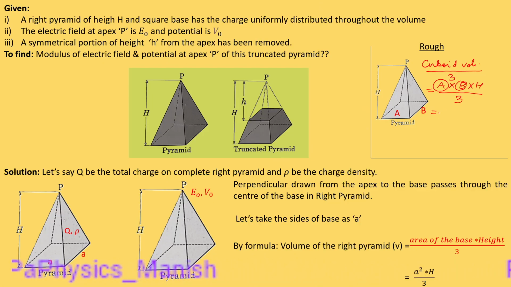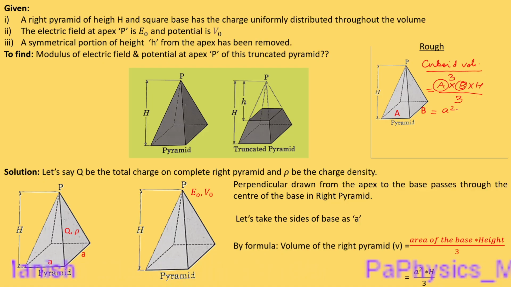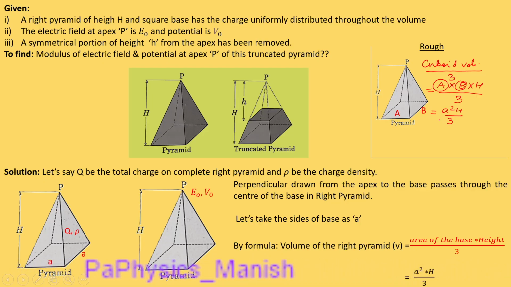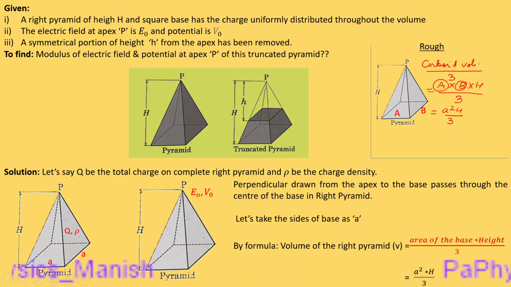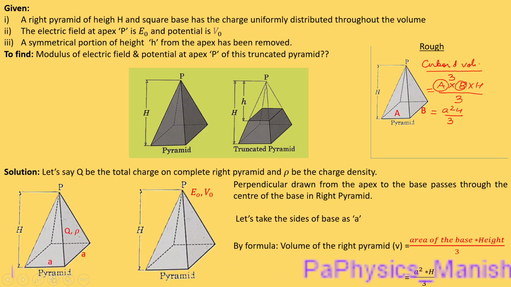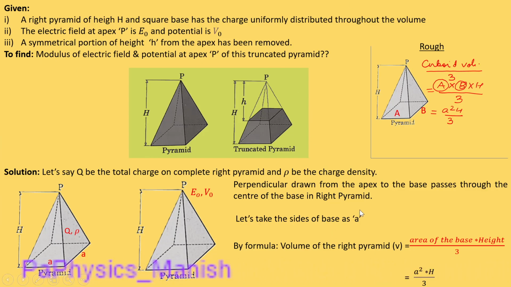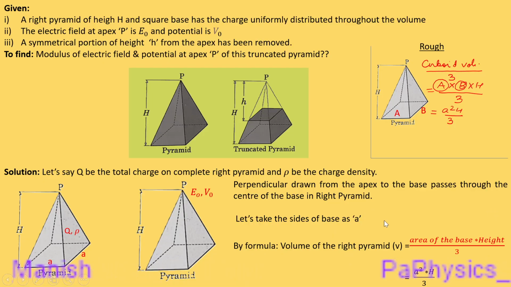So this will become A square into capital H by 3. And this has been derived here.